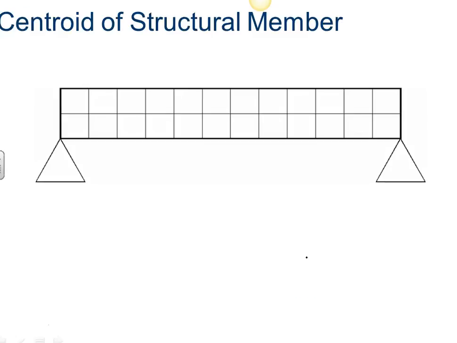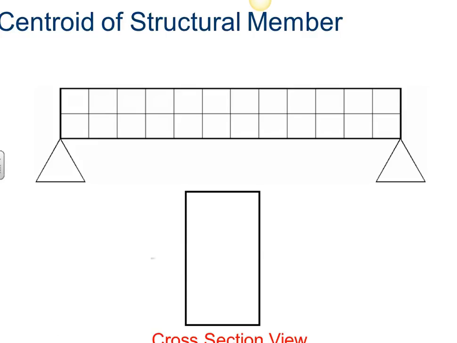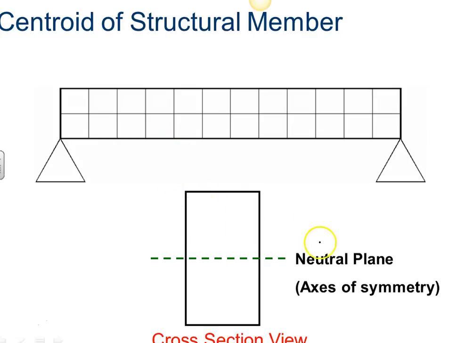And once we find the centroid of a structural member, this being some sort of beam, pinned in place, possibly on a hinge or a nail or something at the corners, but it's mounted in place, and we have the cross-sectional area of this beam, which is rectangular.